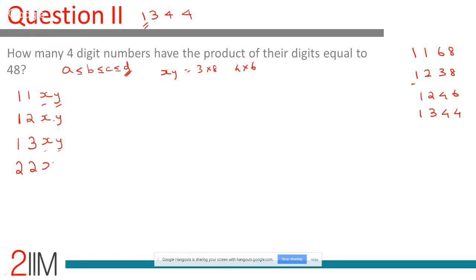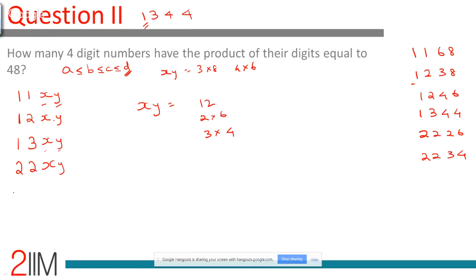We have 2, 2, x, y. x into y in this scenario is 12. 12 can be written as 2 into 6, 3 into 4. 1 into 12 of course is ruled out. Both of these are possible because 2, 2, 2, 6 remains a possibility, and 2, 2, 3, 4 remains a possibility. So with 2, 2, only these are possible.